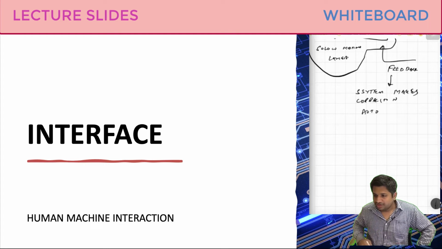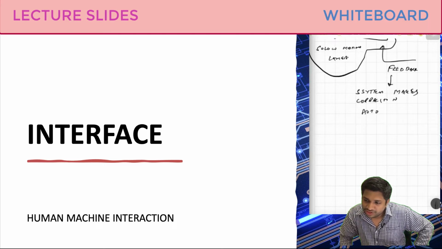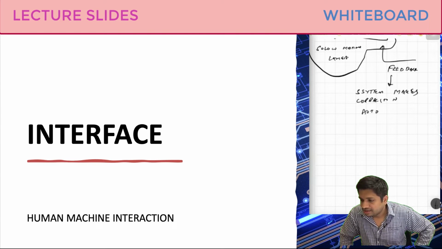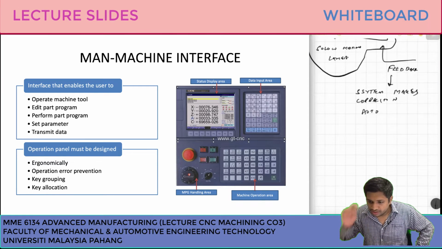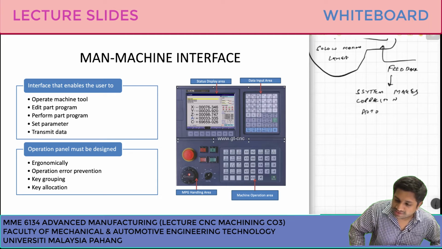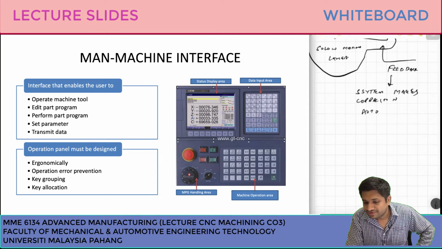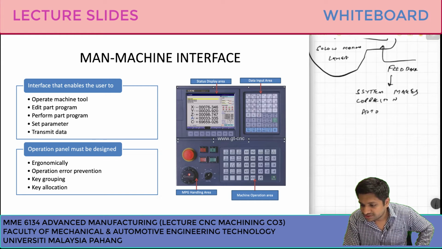So let's take a look at how a machine looks when you're going to approach a machine. Then what are the first things that you're going to see or observe on a CNC machine? So the number one thing, or the interface that you're going to observe for these kind of CNC or NC machines, is that you will have the operational interface where you can carry out the operations.